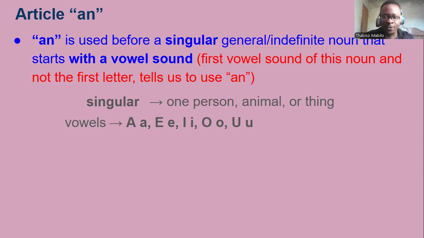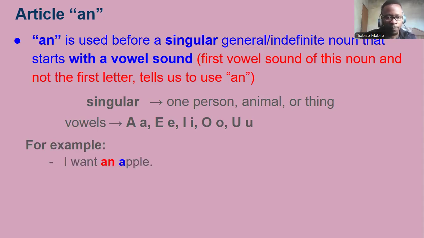So if the first sound of the word starts with one of these vowel sounds, then you need to put an article "an" before it, if that noun is singular, if you've got one thing. Singular, one. Okay? Let's do the examples.